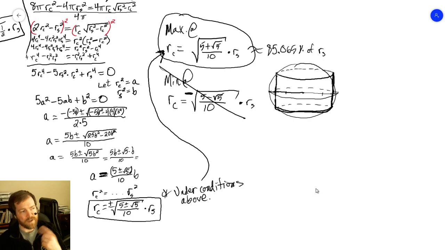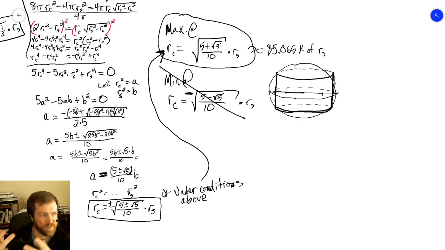And here the total surface area of this particular cylinder is maximized compared to the radius of the sphere. If you were to make this any taller of a cylinder, the total surface area would decrease. If you make it any squashier, the total surface area would decrease, if only by a little.